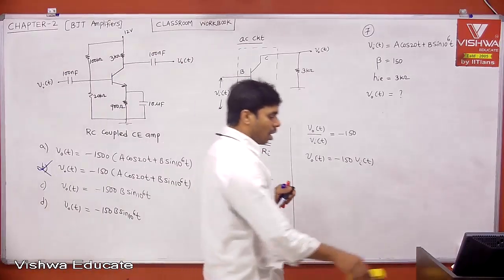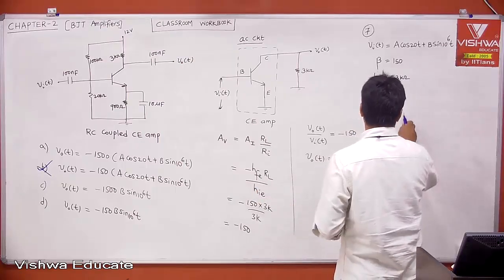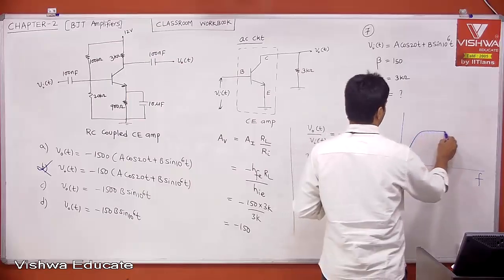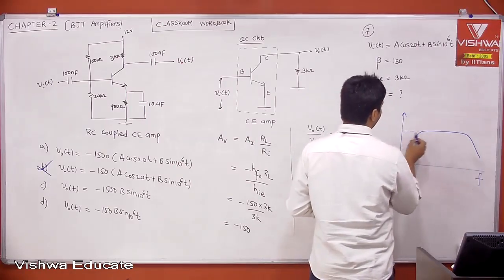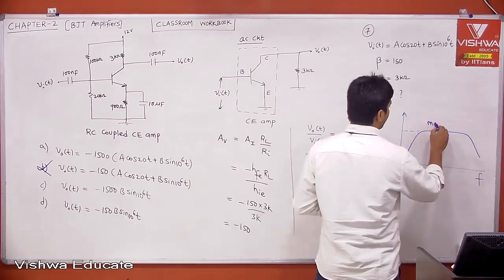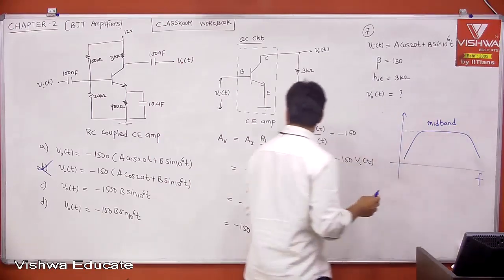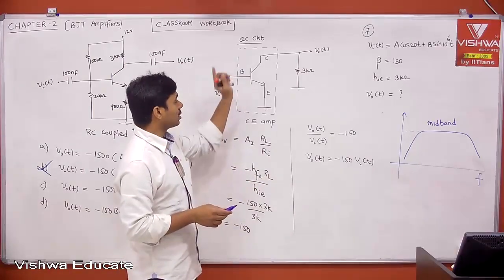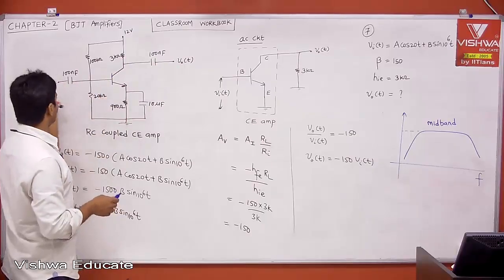Remember, we got the frequency response of the RC coupled CE amplifier. This is the frequency response. This is our mid-band gain. Whatever gain we calculated using the H parameter model assumes all capacitors are short circuited.